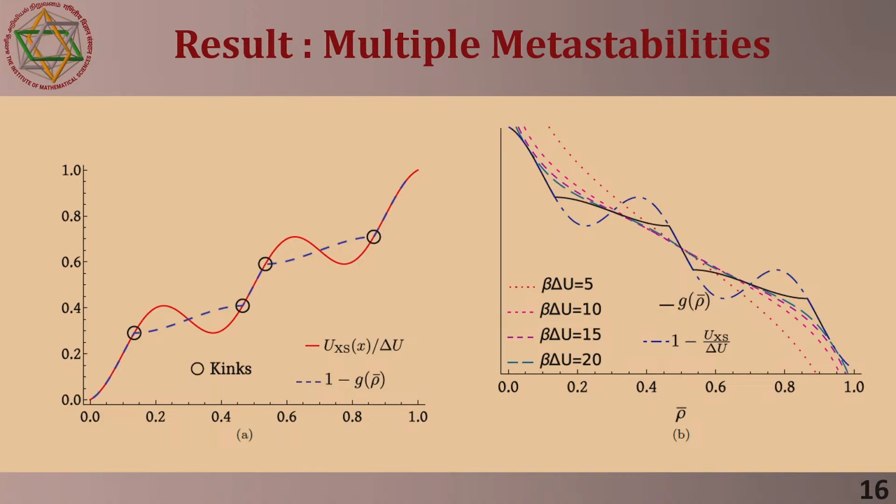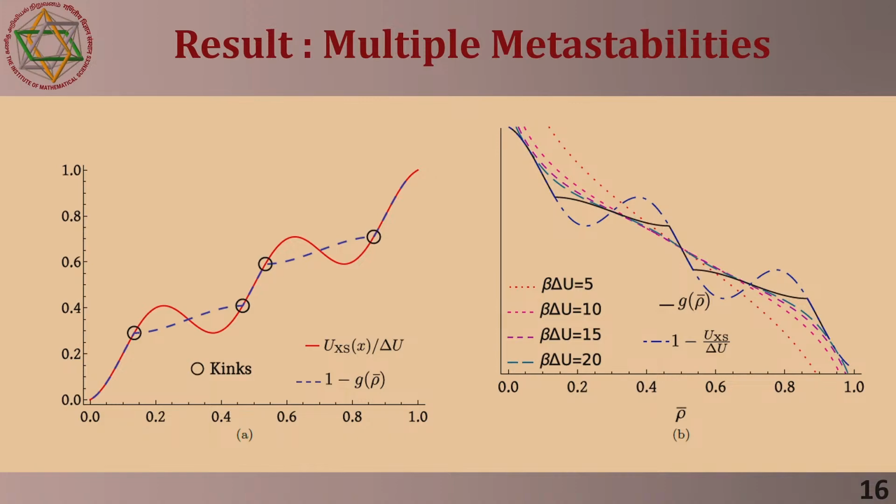let us consider an example where the potential landscape has 2 local minima and 2 local maxima. So there are 4 extremal points, and therefore there are 4 kinks in the function g. This function g is again determined from the minimum energy configuration argument. Let us look at the right side figure.